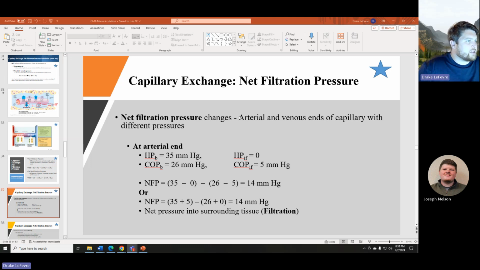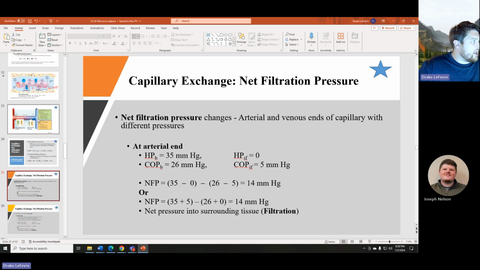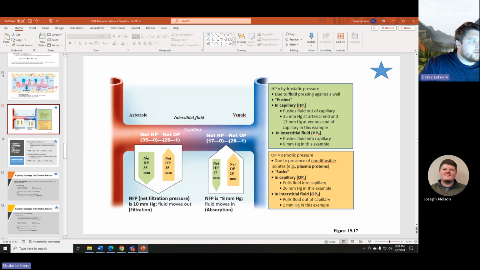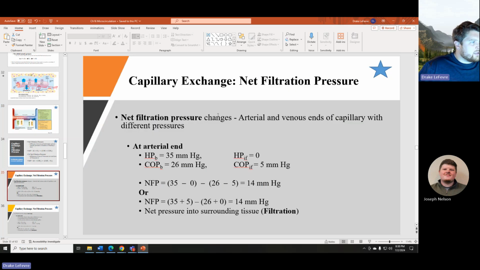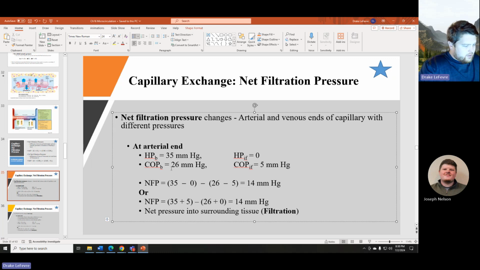So we look at the different pressures. We talked about how on the arterial end, we get a net positive pushing out. On the venous end, we get a net negative bringing fluid back in. So this is on the arterial side. 35, or hydrostatic pressure of the capillary. Hydrostatic pressure of the interstitial fluid.